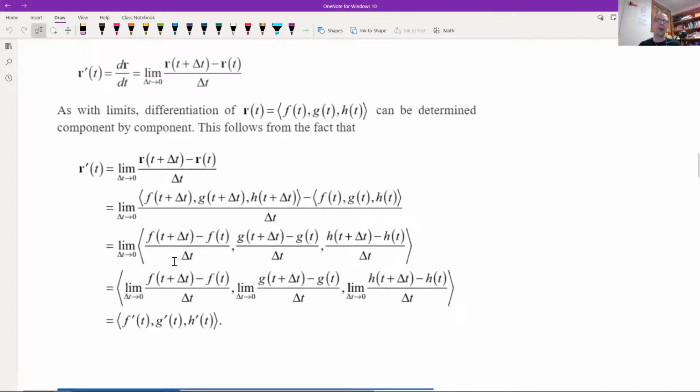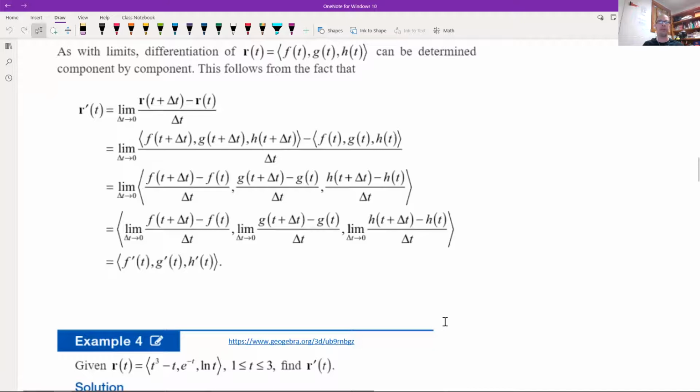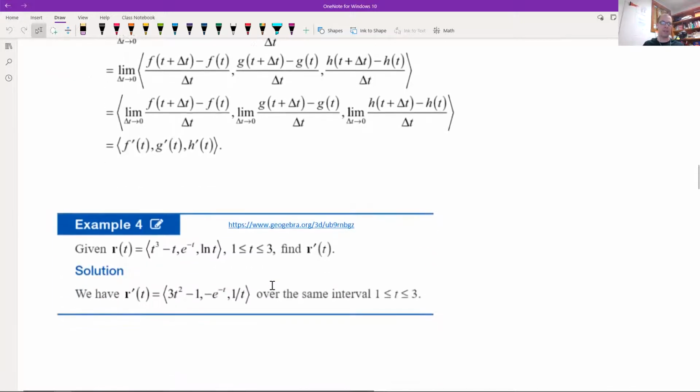And you can do this component-wise, and you get limits, and then you see that the derivative of a vector valued function is just the individual derivatives of each of the components. And that's why we're starting off this way. This kind of derivation is kind of the most similar to what you've done before, and the partial derivative stuff that we'll talk about later is a little bit weirder. But yeah, pretty straightforward. You just find the derivative of each component independently.